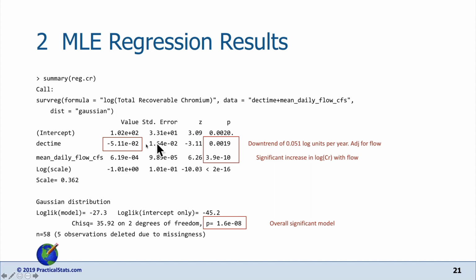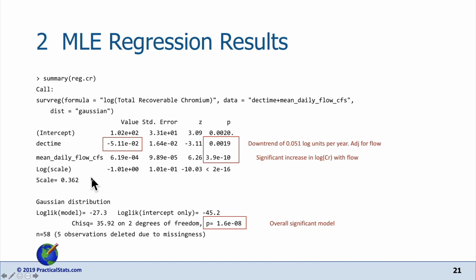Anyway, we do find a downtrend, a significant downtrend once we've accounted for flow. And it's not uncommon to not see a trend with that just 1 variable model, and that you have to use this second variable, the flow or the depth of water in a well or something else, precipitation, that is correlated, and you know that by science, correlated with the Y variable so that you can remove that effect.